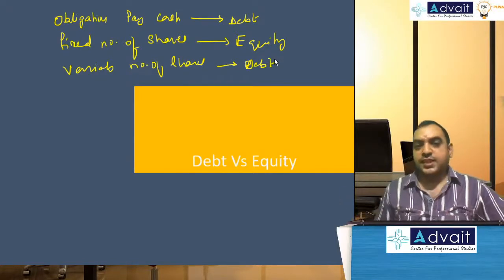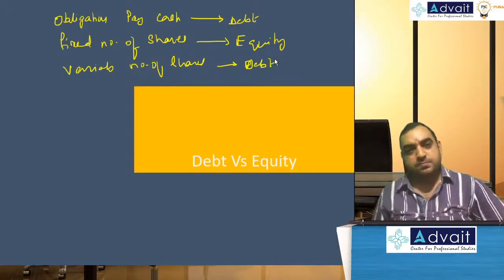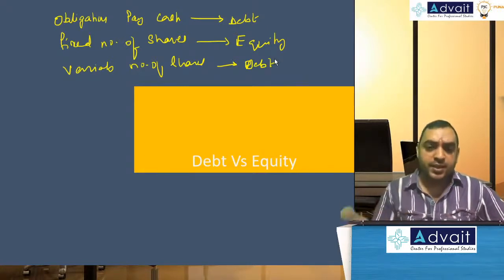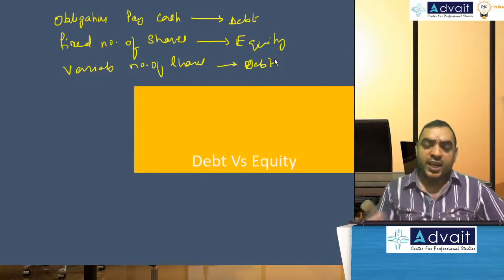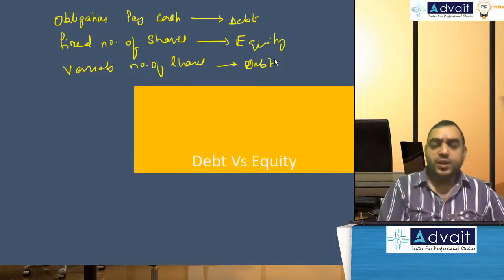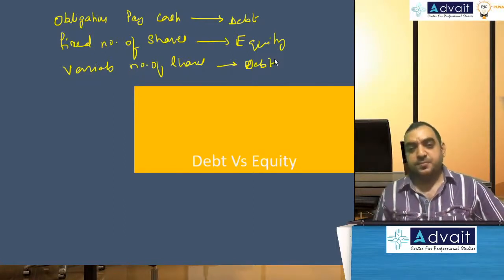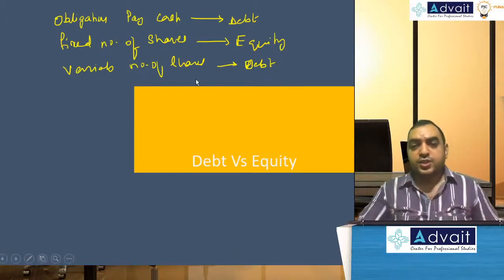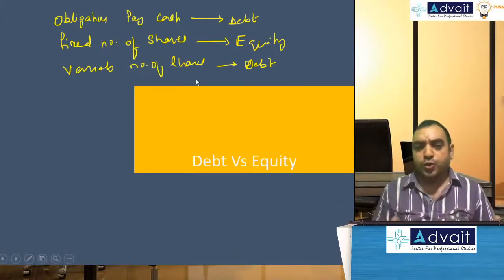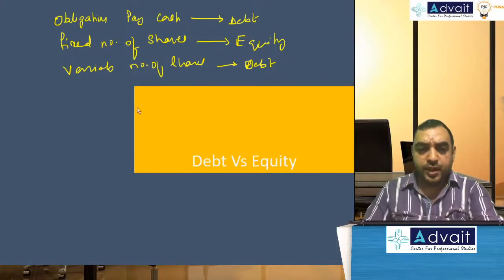If market price is less, potentially unfavorable. That's all. So depending on the market price at the end of the reporting period, it may become favorable, it may be unfavorable. Okay, so regarding debt and equity, there is a lot to discuss, but this much is sufficient. But let us go for one more portion, which is relating to preference shares.